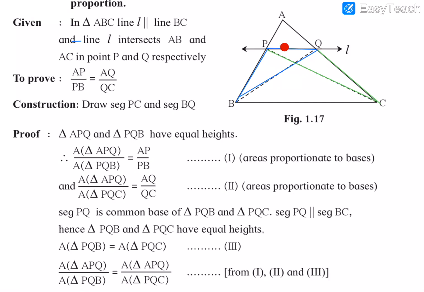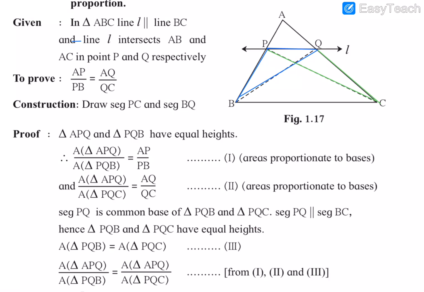For the two triangles, the side PQ is the common base. So we can write that line segment PQ is parallel to BC. Also we have drawn a line segment L parallel to this side BC. So PQ is parallel to BC, and this side PQ is common to both these triangles. So hence triangle PQB and PQC will have equal heights.